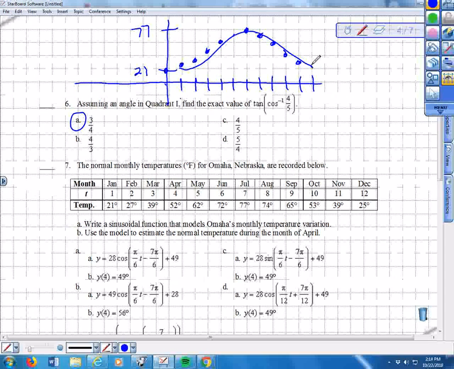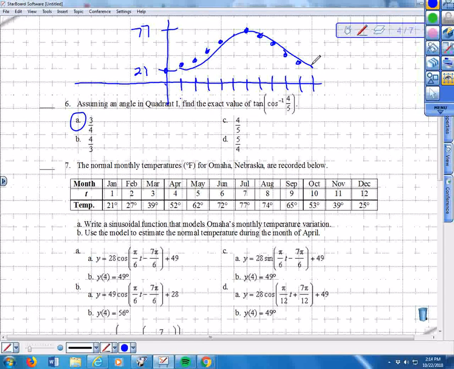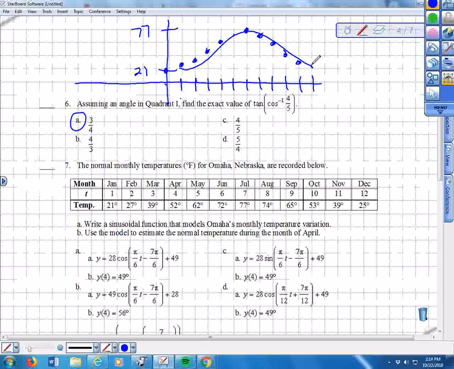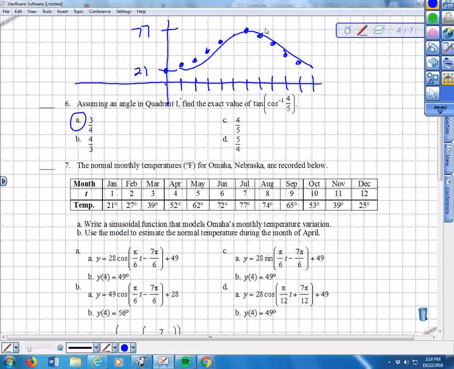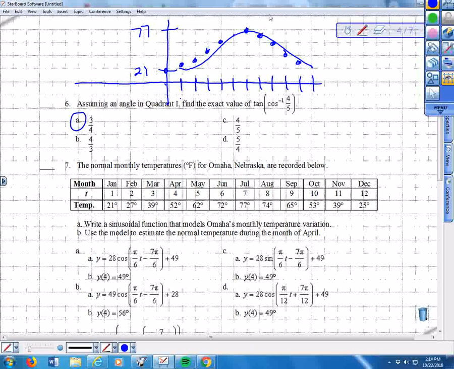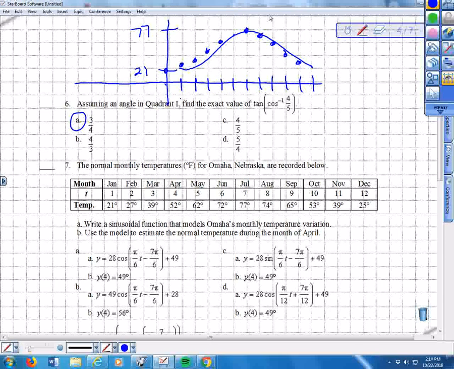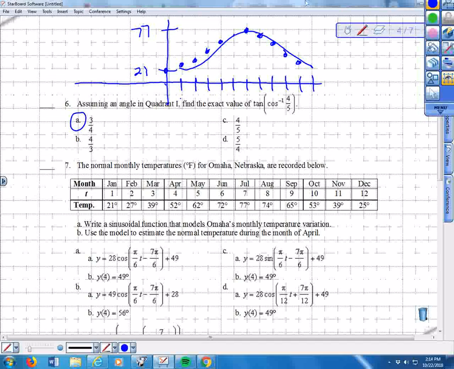So what do I want to use, sine or cosine? I would say cosine. Let's find the midline. How do I do that?